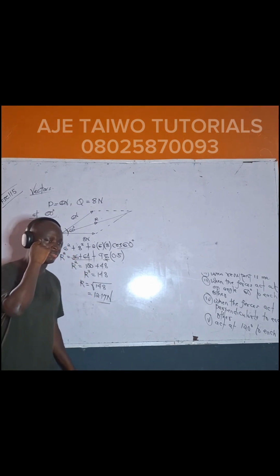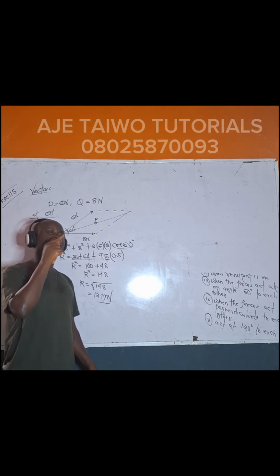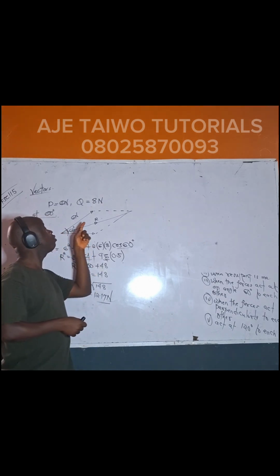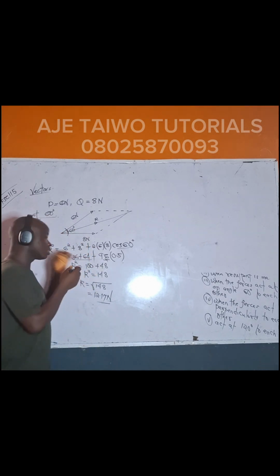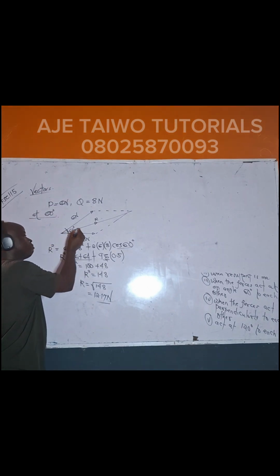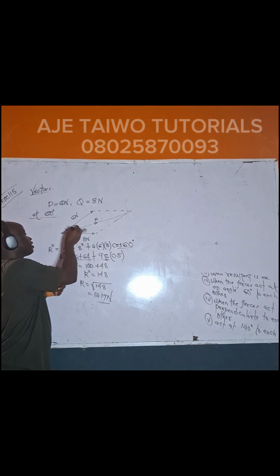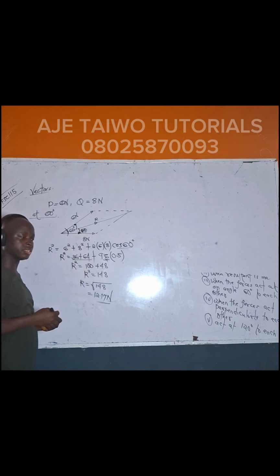Now, listen to me very well. Direction of resultant here means the angle which the resultant makes with the 8 Newton force, or the angle it makes with the 6 Newton force. There are 2 angles the resultant has made.